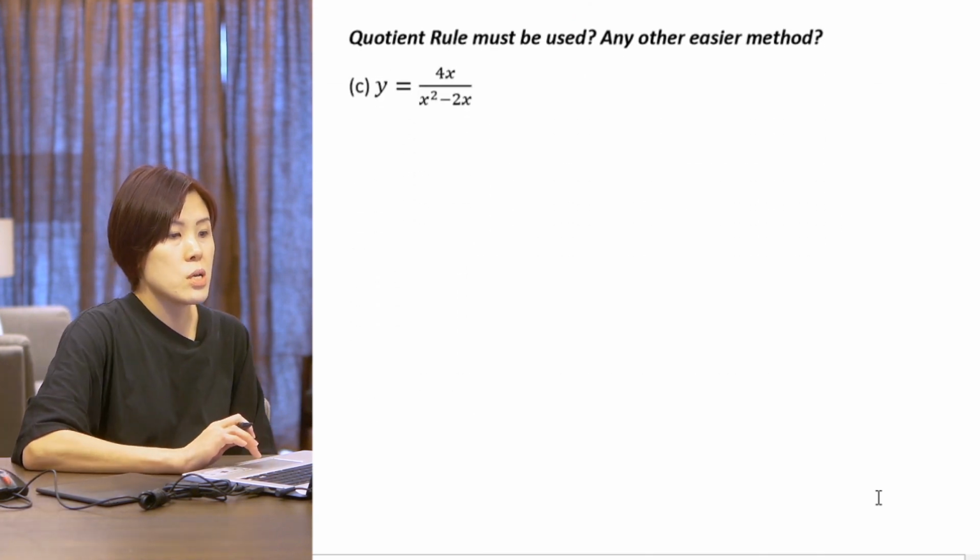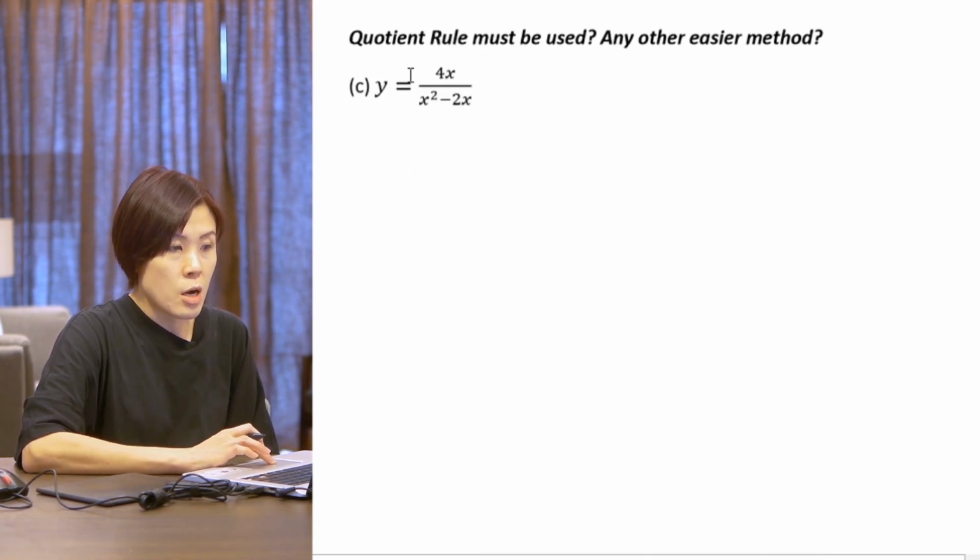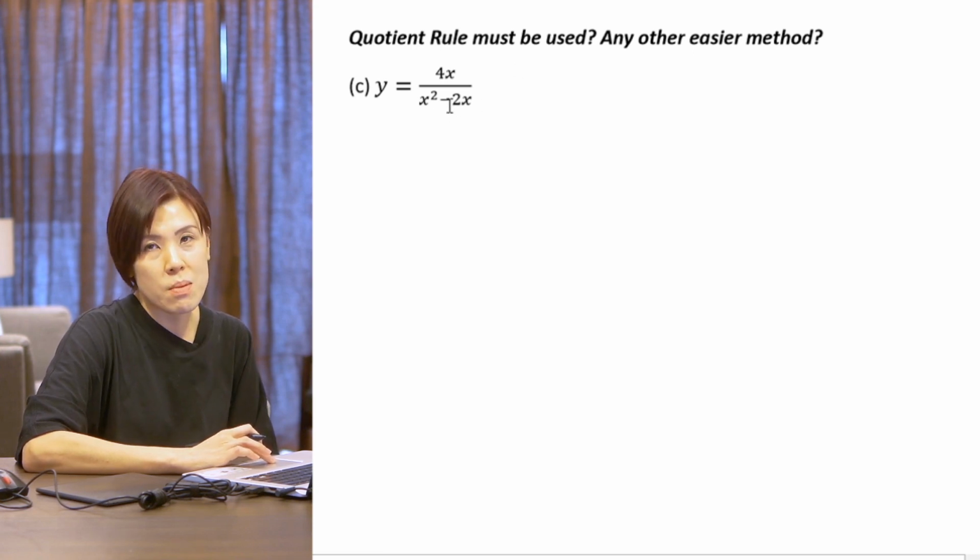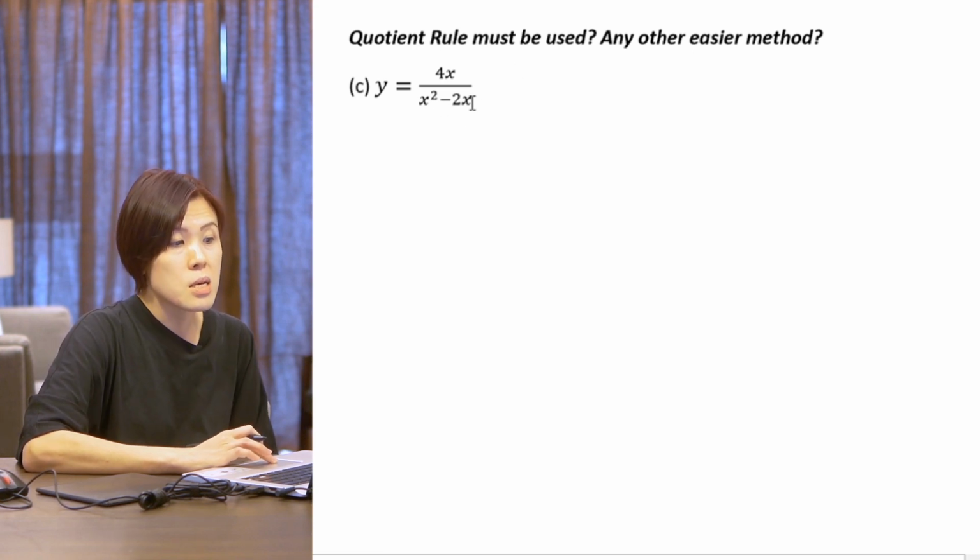So in this equation, we have algebraic fractions. Can we put this into separate terms? Unfortunately, we can't. I'm sure that everybody knows that we can't put into separate terms because there's a minus in the denominator. But can we put this into a form where we can use the formula of chain rule like the second equation?